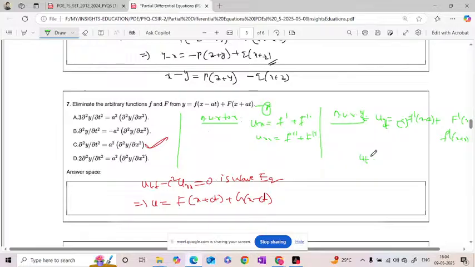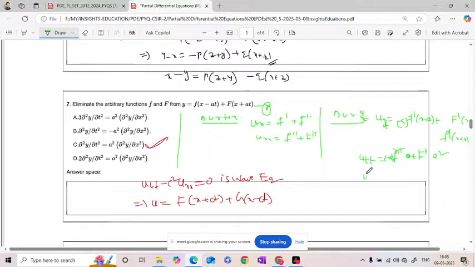So again differentiate, u_tt is equal to a square f double dash plus a square g double dash. Again differentiate this capital F, here first minus a, so minus a whole square, and there is another a square.